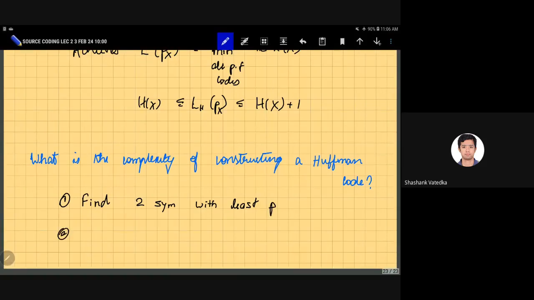And keep doing this till you have only one symbol left.